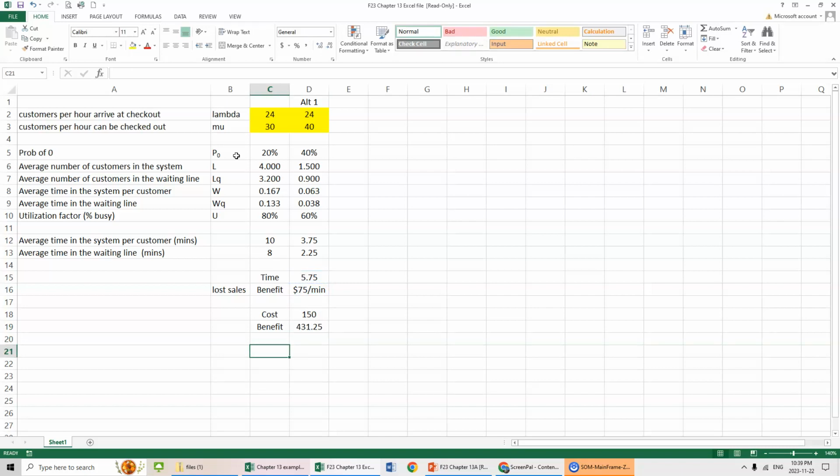So the total savings in this alternative is the benefit from lost sales minus the cost of the new employee. Basically, we're going to come out ahead by this alternative by $281.25 per week. So this alternative, having an extra worker there, is going to pay off for us. In the next video we'll look at the second alternative.